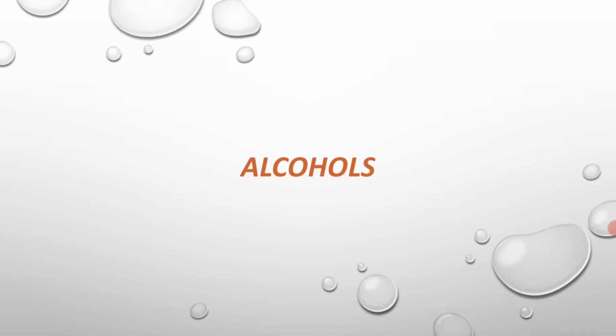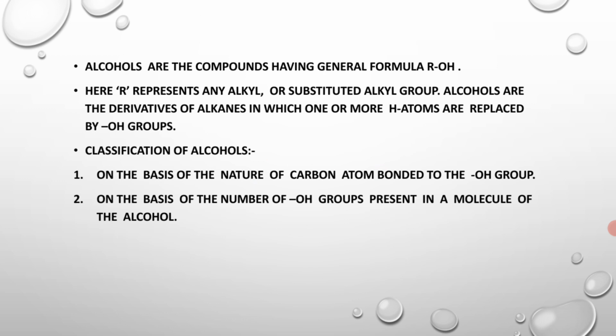So, according to the definition, alcohols are the compounds having general formula ROH, where R represents alkyl group and/or substituted alkyl groups, and OH represents hydroxyl group, which are the derivatives of alkanes in which one or more hydrogen atoms are replaced by hydroxyl groups.